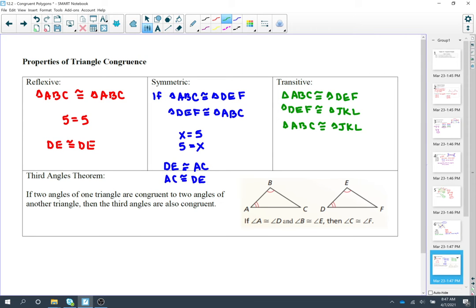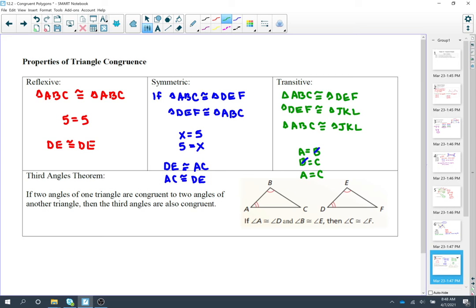So this is kind of saying if two things are equal to the same thing, then they're both equal to each other. Another way of looking at that is if A is equal to B and B is equal to C, then you can get rid of the middleman here, and you can just say, okay, well then I know that A has to be equal to C.